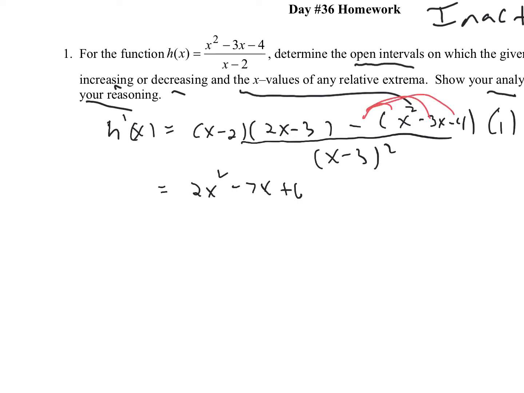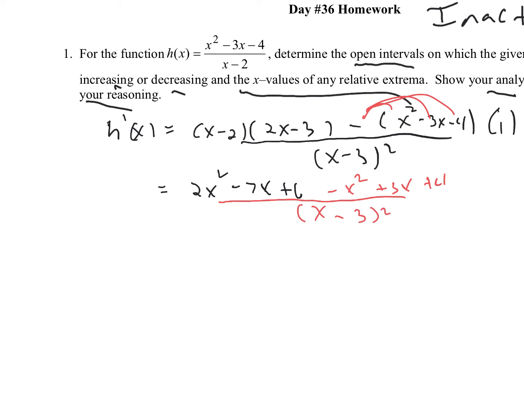So minus an x squared plus a 3x, and then plus a 4. The whole thing is still over the bottom squared. I'm not going to multiply the bottom out. That usually never helps.